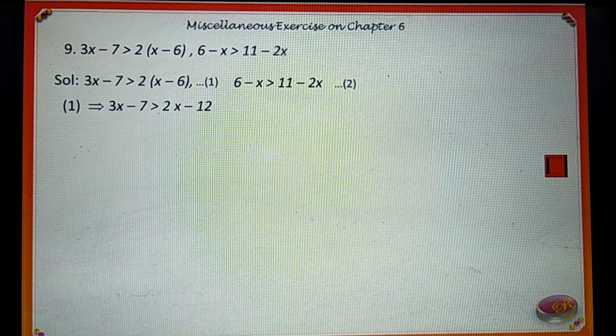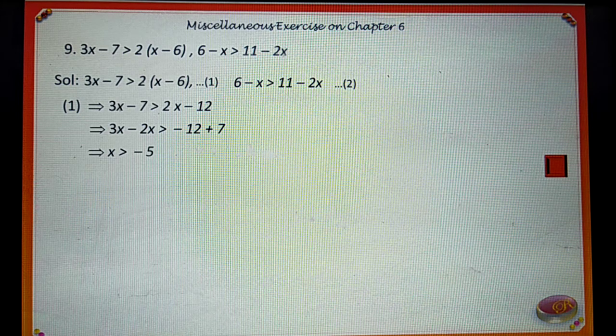1 implies 3x − 7 > 2x − 12, implies 3x − 2x > −12 + 7, implies x > −5.